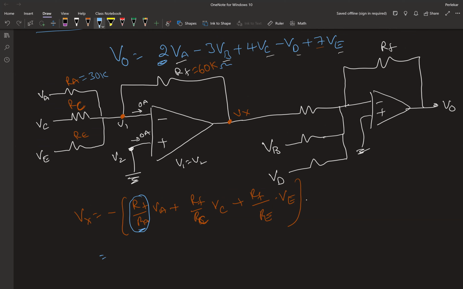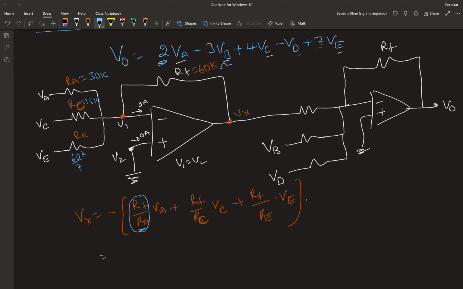And VC must be 4. So 60 divided by some value must be equal to 4. Can I take this as 15K? Then I'll end up with this value as 4. And here RF over RE, there is no common factor, but I'm going to take this as 60K divided by 7.